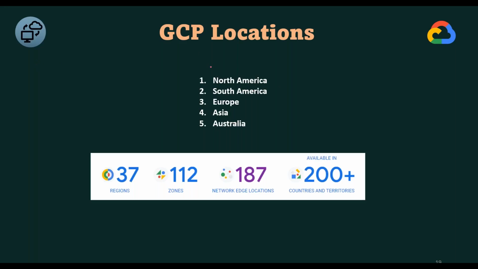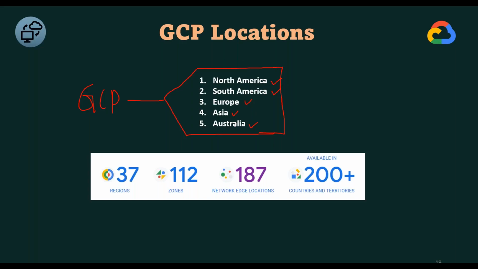So all of GCP's infrastructure is organized properly in these 5 locations: North America, South America, Europe, Asia, and Australia.